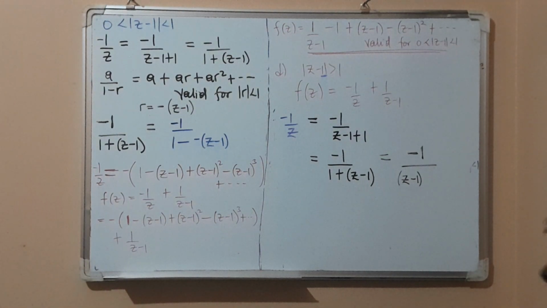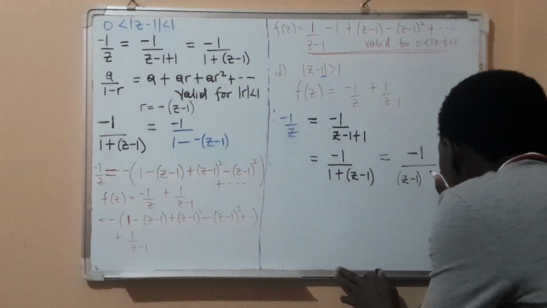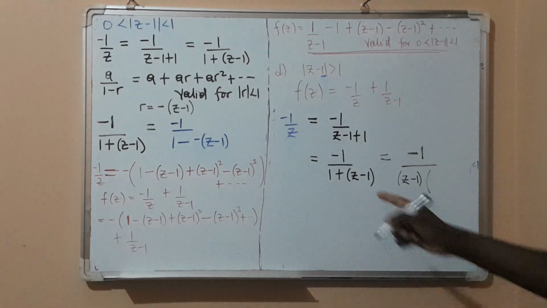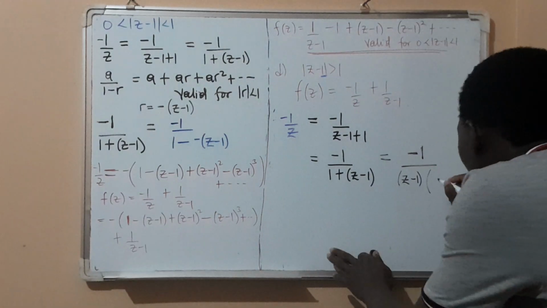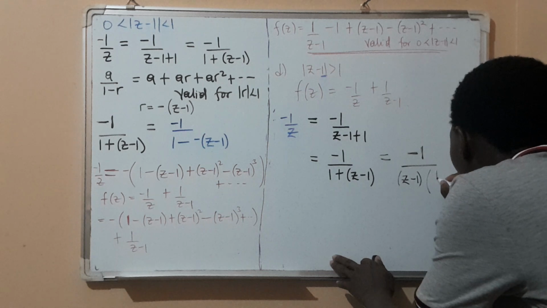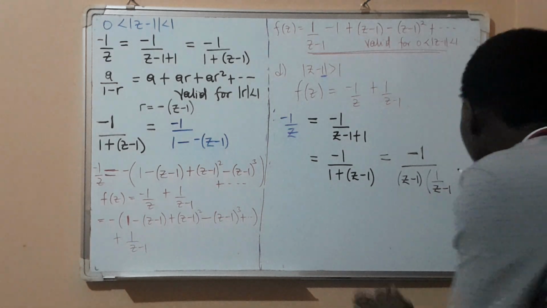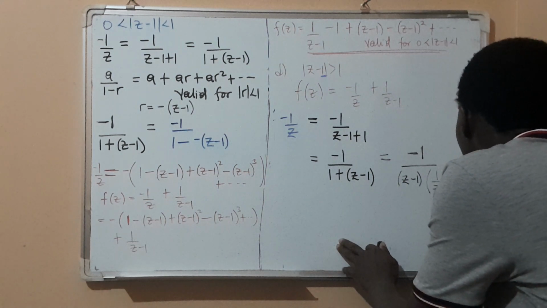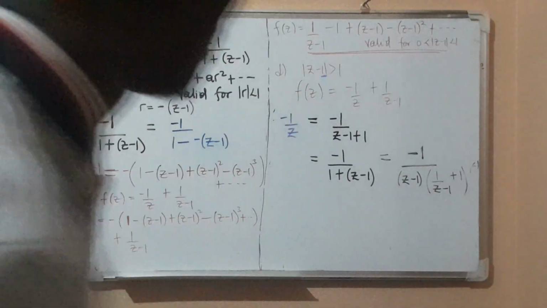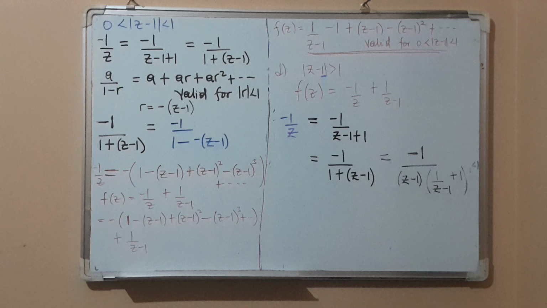I'm factorizing z minus 1, so put z minus 1 outside. I'll have 1 over z minus 1 plus 1 plus 1. That's my new function.